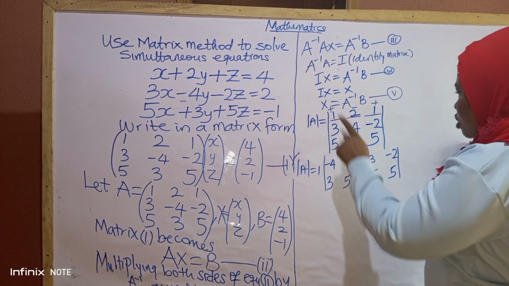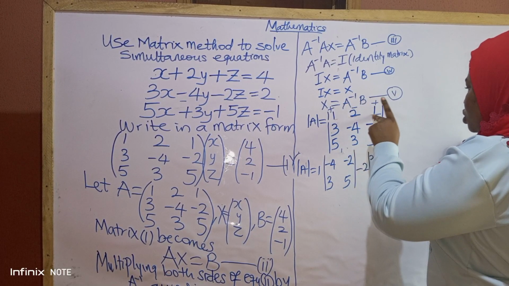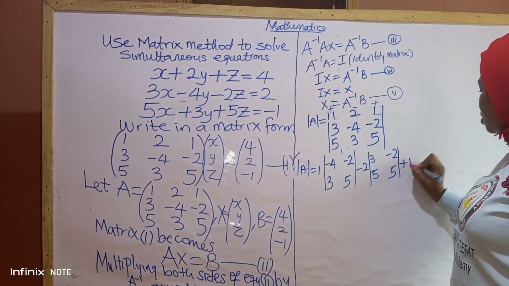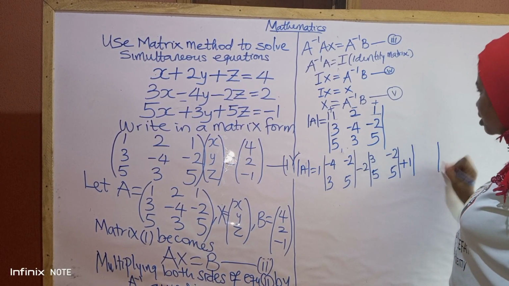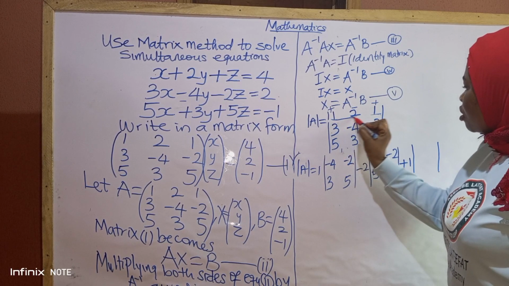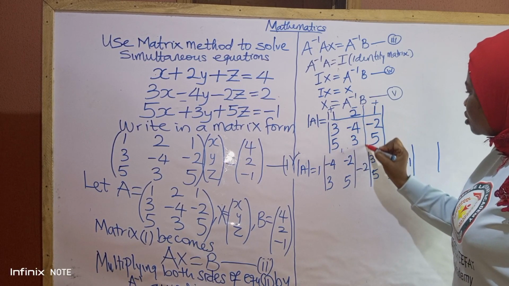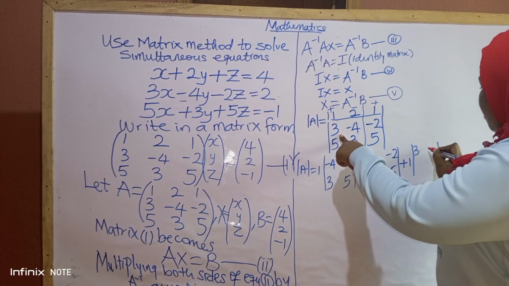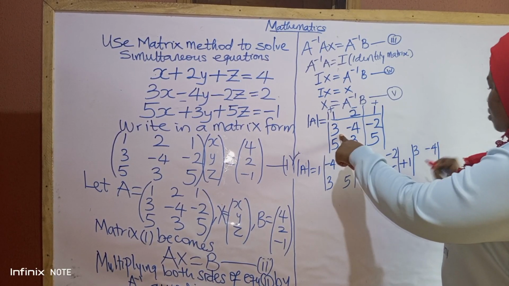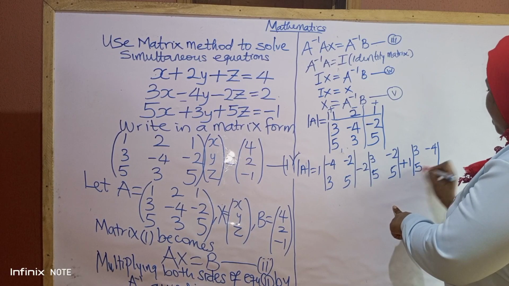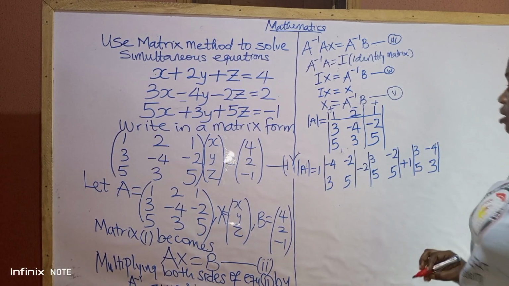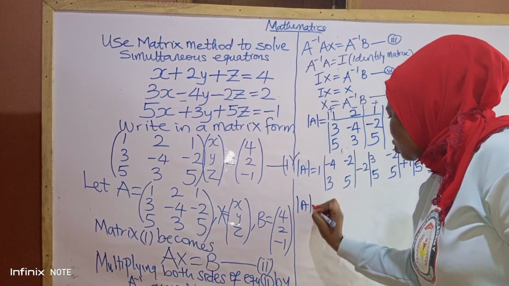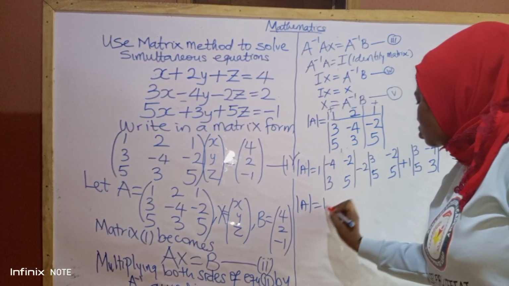The next thing that we are going to do now is to go to this plus 1. So plus 1, multiply by the determinant. Cover where it belongs horizontally and vertically. So you are left with 3, minus 4, 5, and 3. So the determinant of A will now be equal to 1.